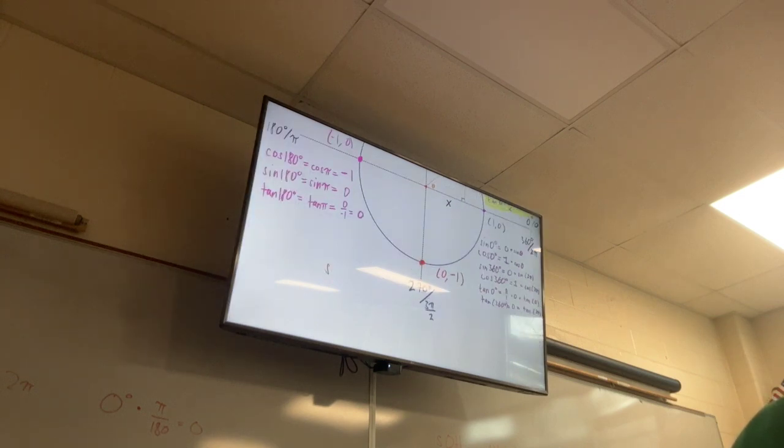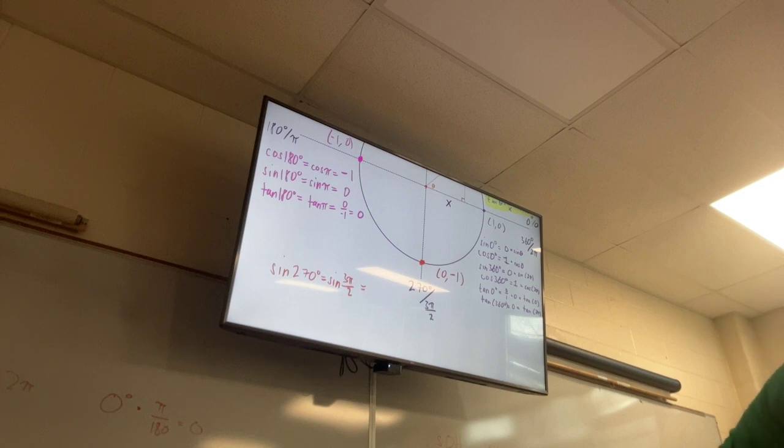So we can figure out that the sine of 270 degrees, that's the same thing as the sine of 3 pi over 2. It's just in radians. That's going to be equal to what here? What's my y-coordinate?